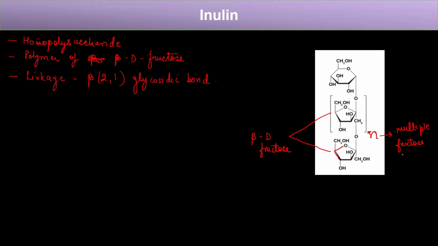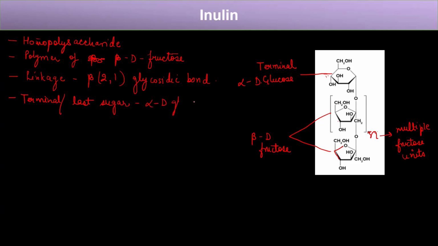The one important thing is that the terminal residue, or the last residue, in the case of inulin is glucose, and that is alpha D glucose.